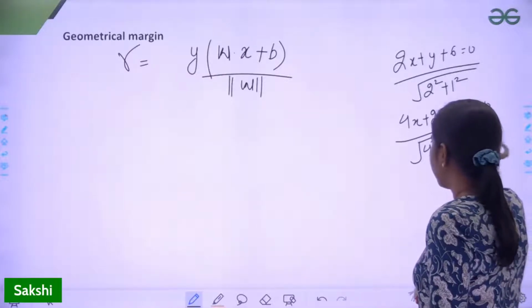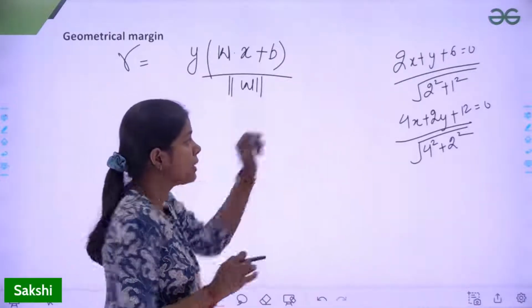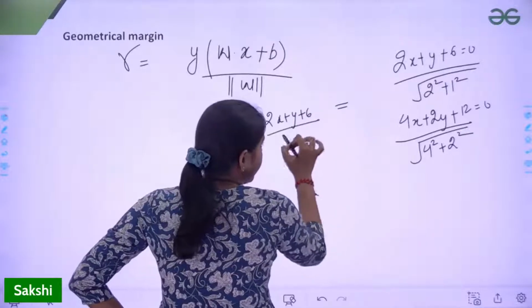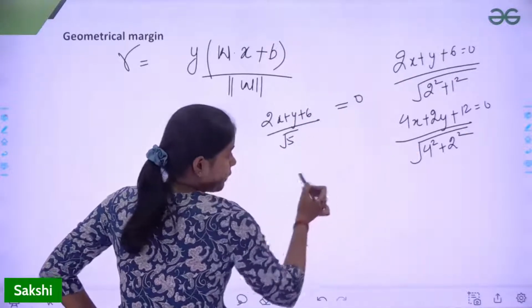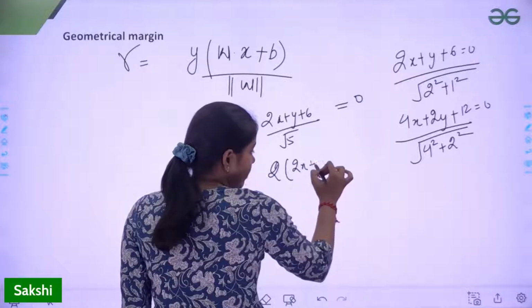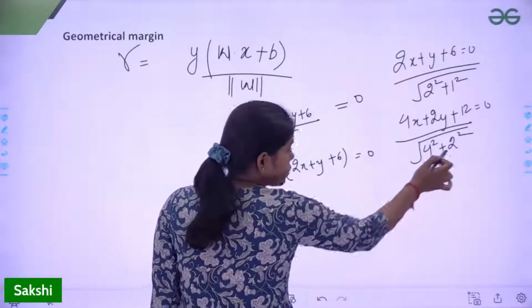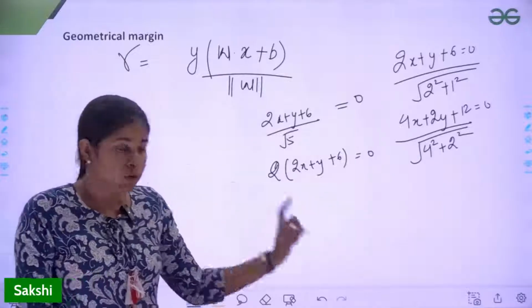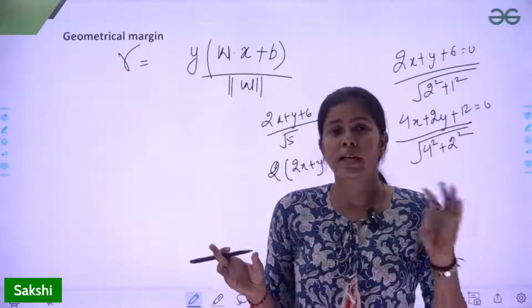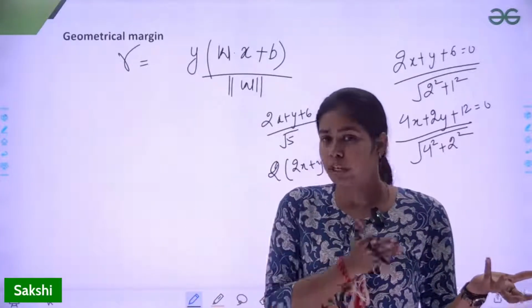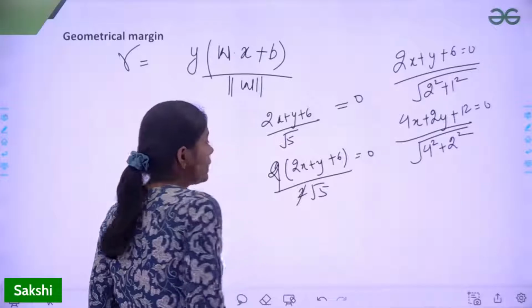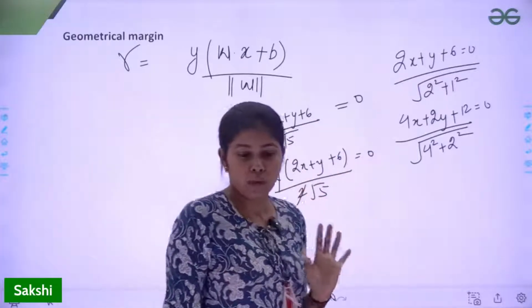Square root of 4 square plus 2 square. 4 fours are 16, 2 twos are 4, that means the square root of 20, which is 4 into 5. The 4 would become 2 when it comes outside the square root, so it becomes 2 square root 5. Taking 2 common from the numerator, 2x plus y plus 6 over 2 square root 5. So you can see that after normalizing, both equations become the same.